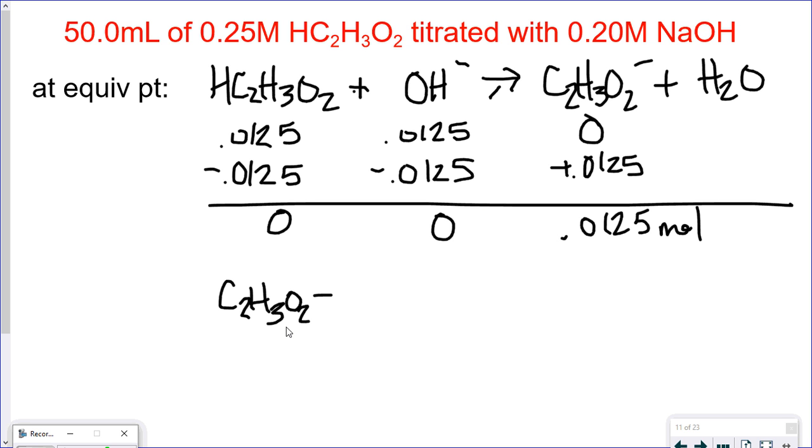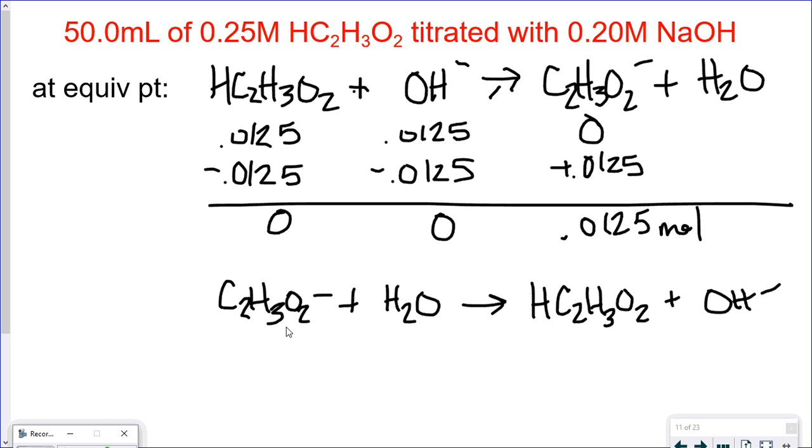So this is going to be the reverse reaction essentially, because remember this is a weak acid, so we can end up with some of the acid returning and some of the base. Now, because we are going to have to use Kb, we said, remember, we need molarity. So our first ice table was neutralizing moles.